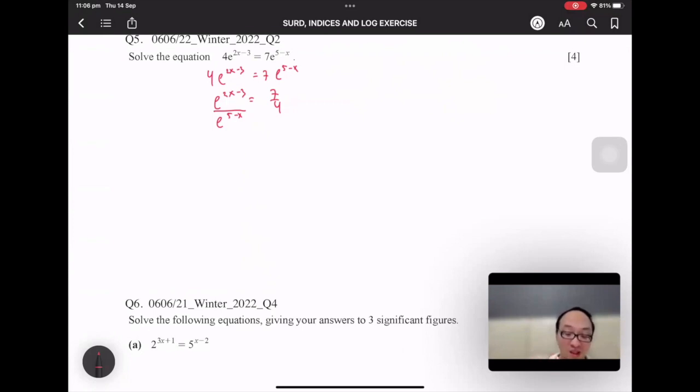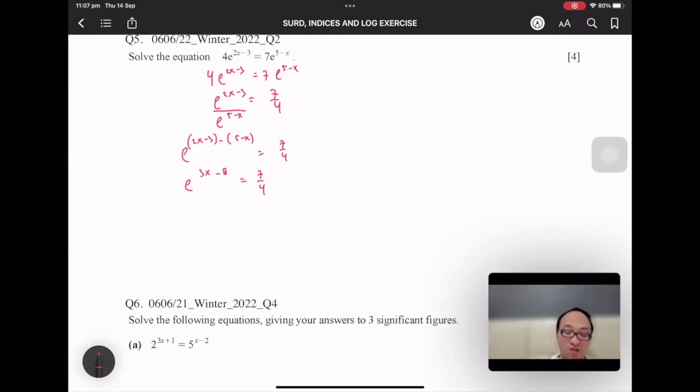And then, because this already has the same base, I can just do e^(x-3) minus (5-x) equal to 7 over 4. So this is e to the power of 2x plus x, 3x, negative 3, negative 5, it's negative 8, equals 7 over 4.